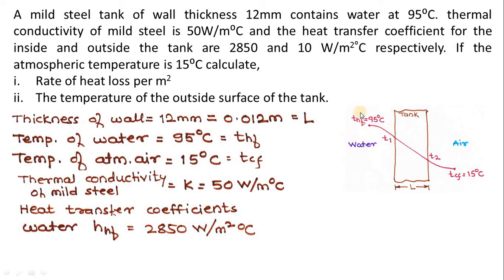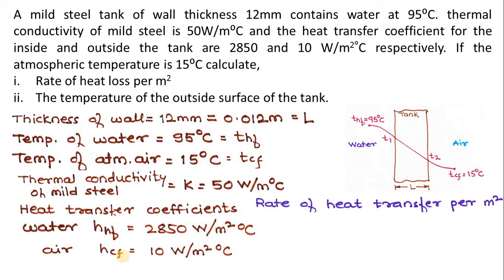For inside there is a hot fluid, so I will denote it as HHF, and for cold, meaning air, which is at less temperature than this hot water, I will call it HCF. So by taking these inputs, what do I have to find out? Rate of heat loss per meter square.